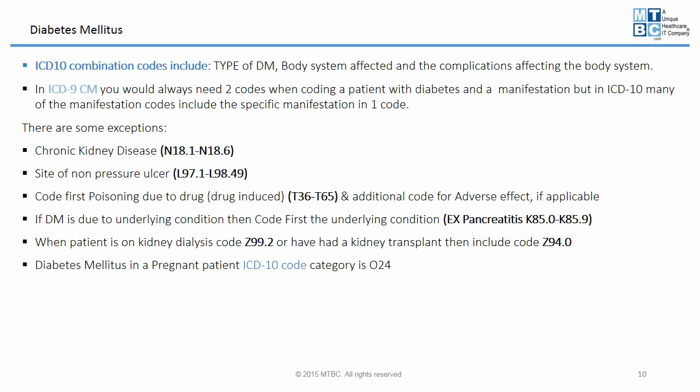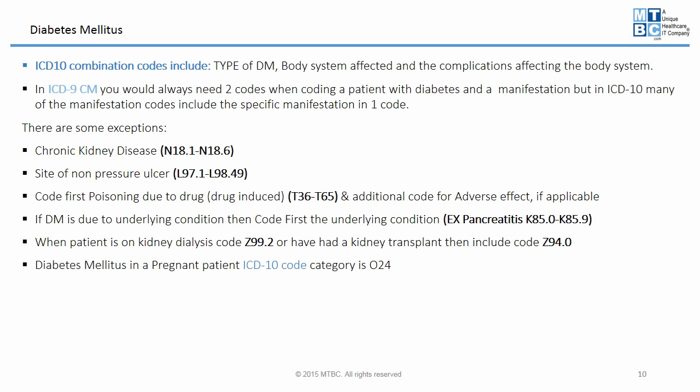So if the patient had diabetes with a renal manifestation, or an ophthalmological one, you would do that, plus if it's type 2, you would do the Z code for the insulin use, if they're on insulin and it's type 2, and then again, if there were any other codes that need to go after that, you would also do that. But you have to first code the underlying condition.